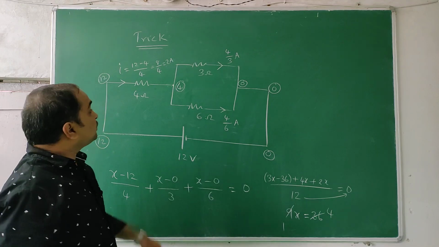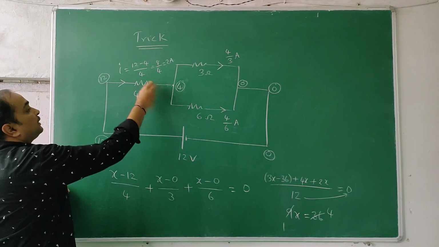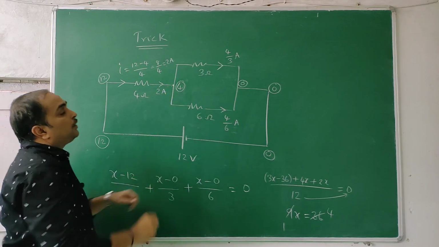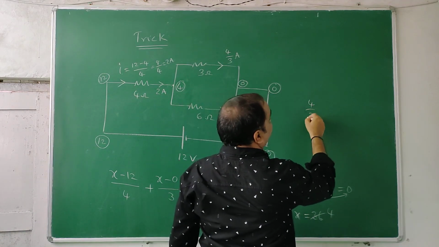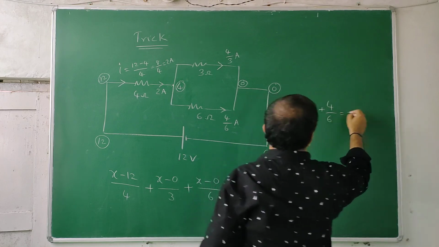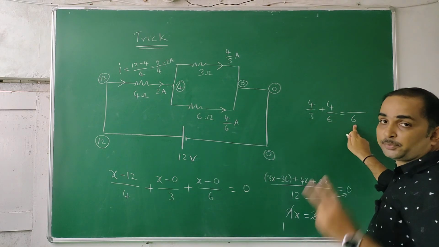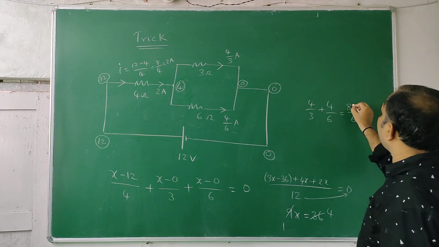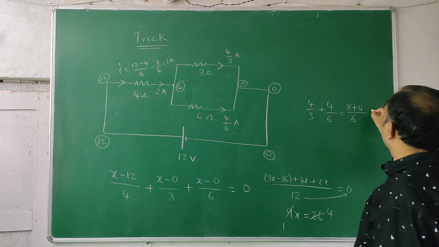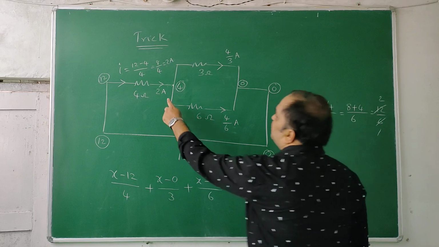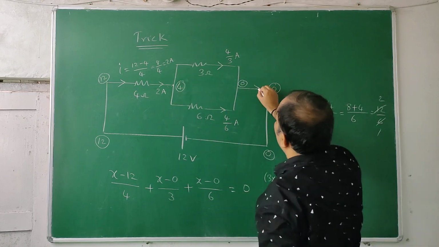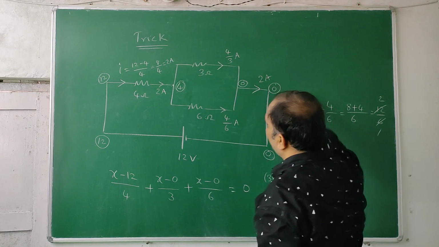You may get confused, sir, is it true what you have found out? Incoming current is 2 amperes and you are telling this is 4 by 3, this is 4 by 6. Add and see. 4 by 3 plus 4 by 6, 6 is the LCM. 3 goes 2 times, 2 4s are 8, plus 6 goes 1 time, 4. 12 by 6 is 2. So that 2 amperes splits into 4 by 3 and 4 by 6. It rejoins here as 2 amperes, and comes back into the battery.